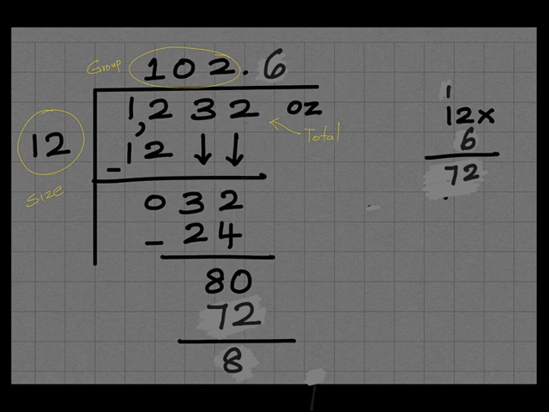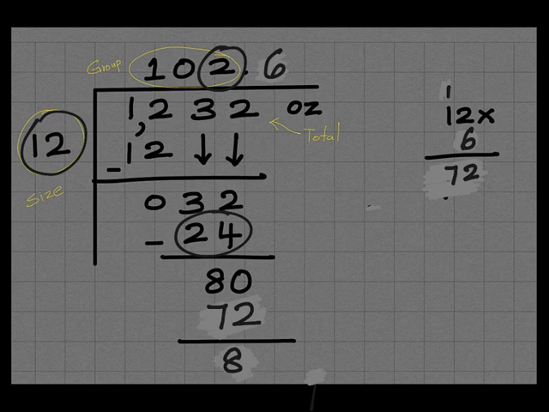When we bring the 2 down, the number that we have now is 32. Right, so we have 32, and how many 12 goes in 32? Yes, 12 times 2 is 24.